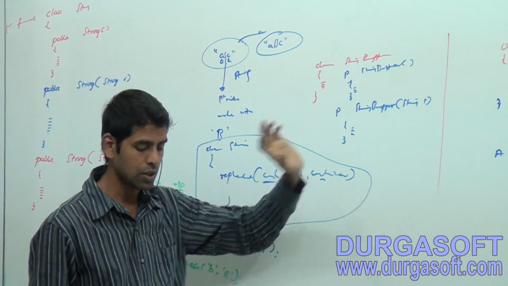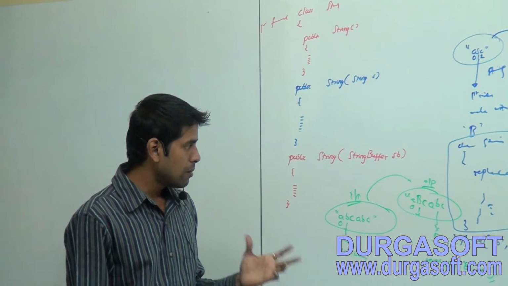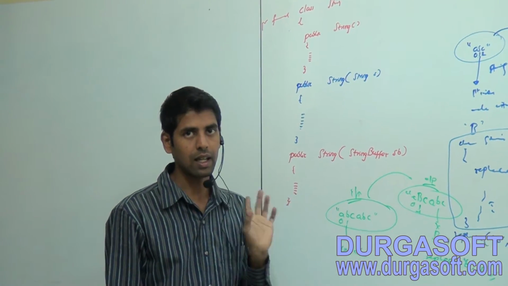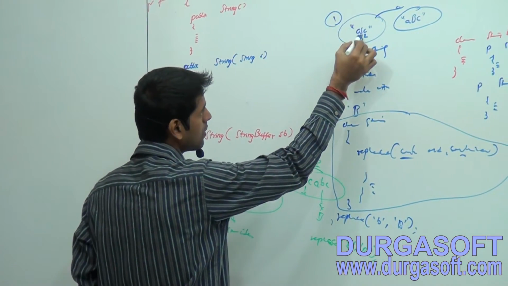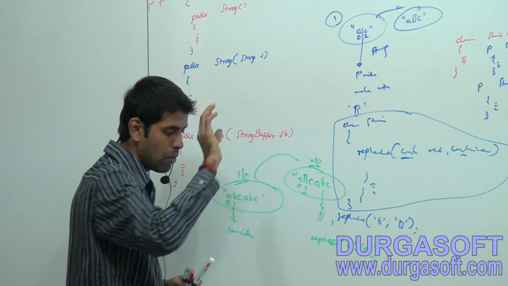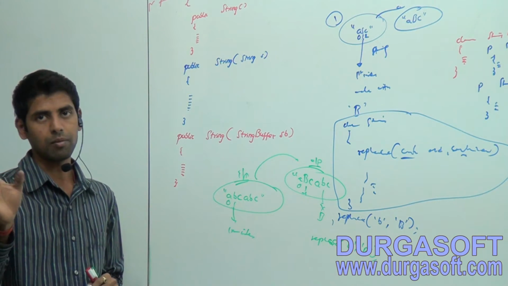Okay, now observe, I want to replace a particular index element. Observe here, first scenario is this one. At first index small b is there. I want to replace that one with capital B. Getting?